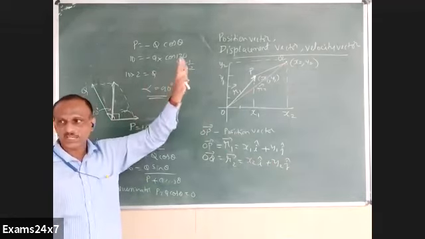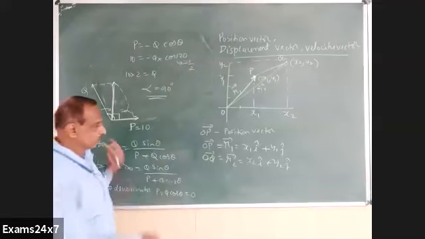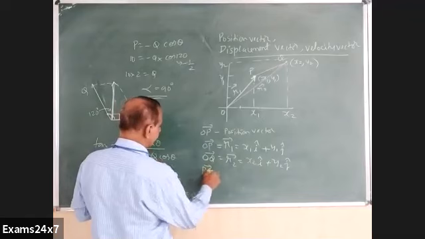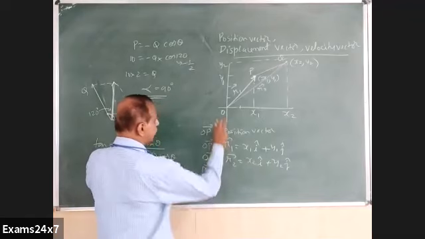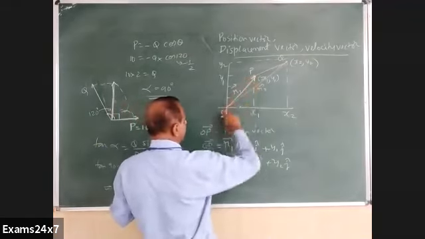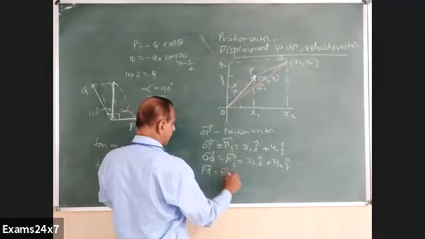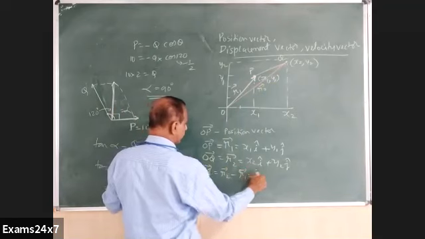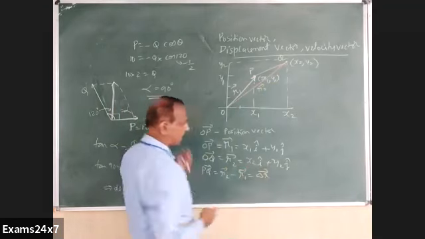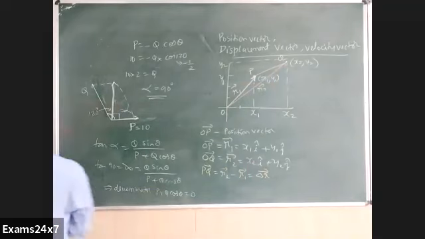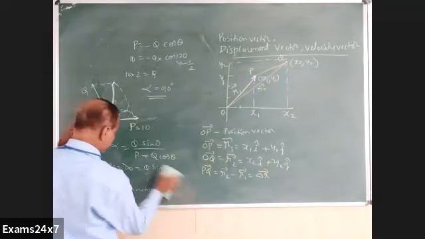It is getting displaced from one place to another. So here PQ is equal to what? PQ is expressed as the original position vector R1, secondly R2. So R2 minus R1. We can also write it as delta R, known as the displacement vector.